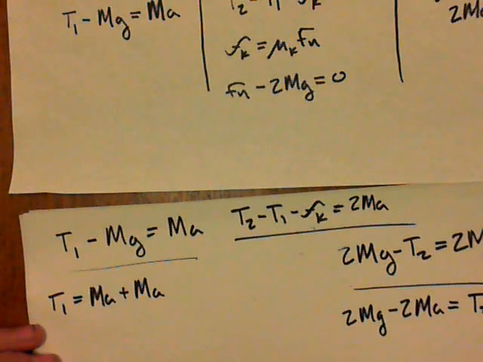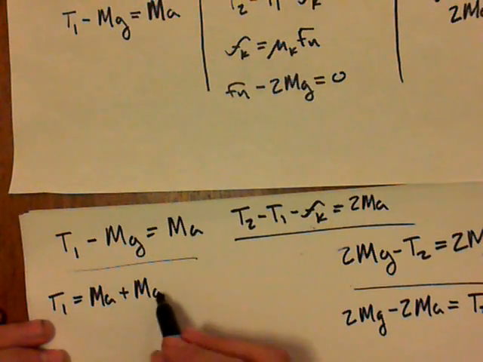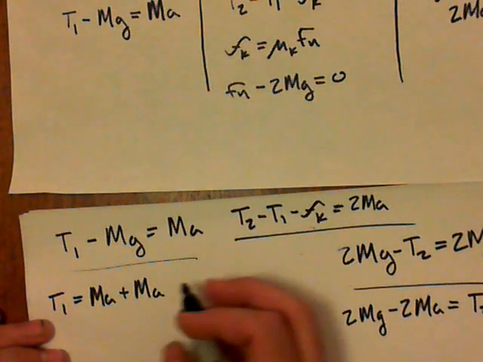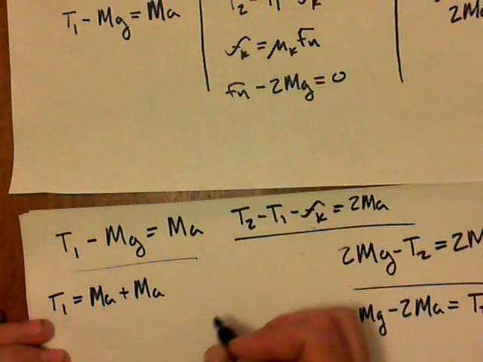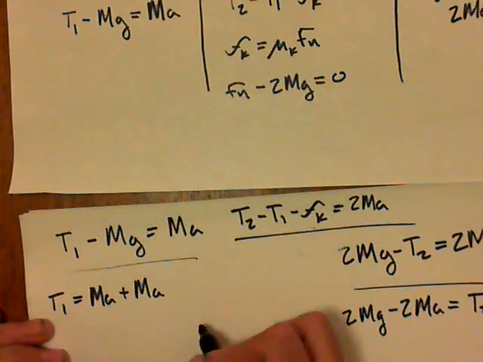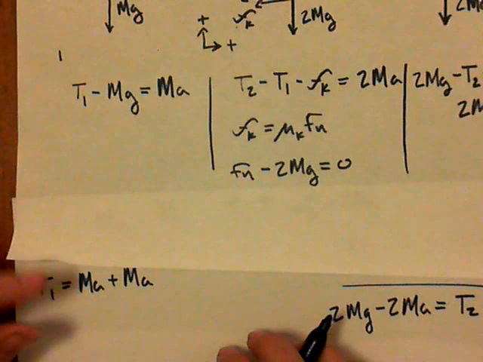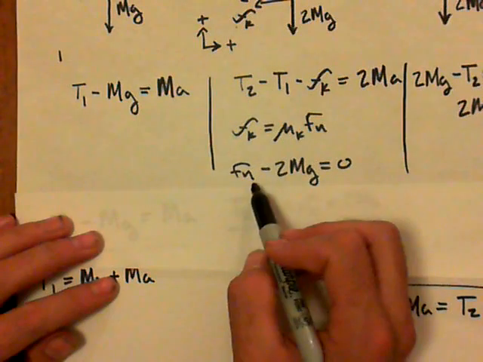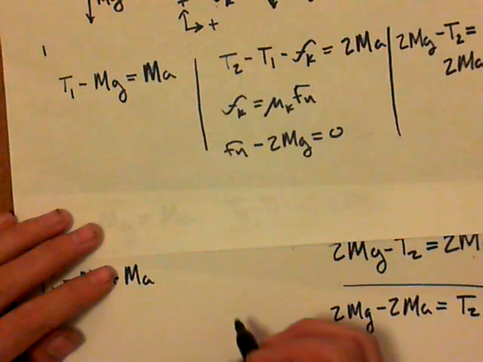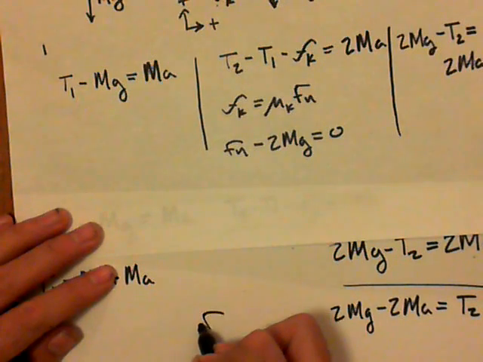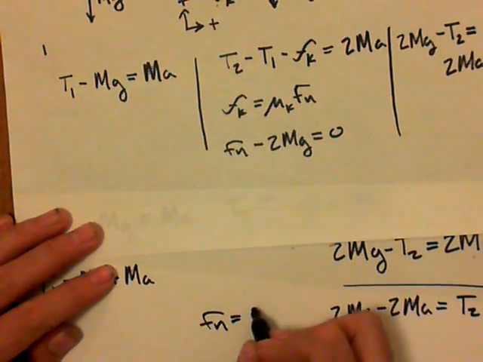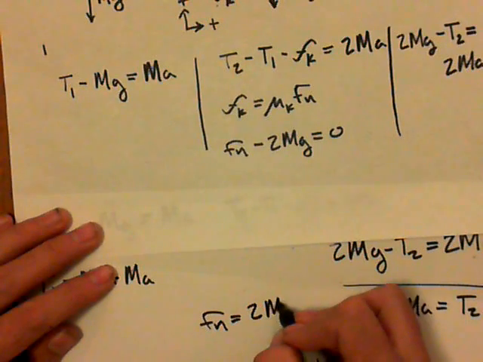Okay, so now I'm going to plug these two equations. Actually, here, let me solve for these two, so we have our frictional force to plug in there. So you can still see that there. So I'm going to solve this. So solve my normal force equals 2mg.